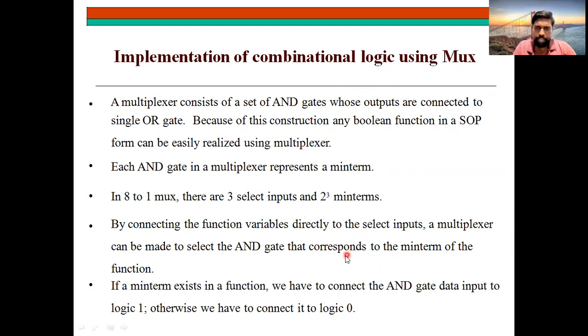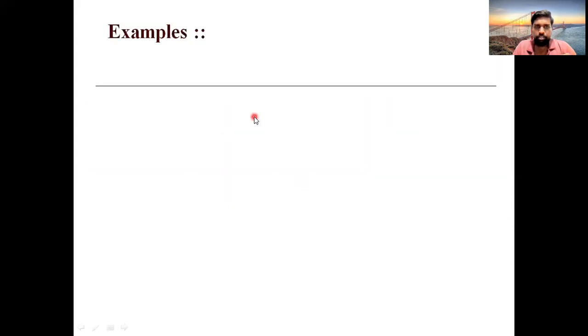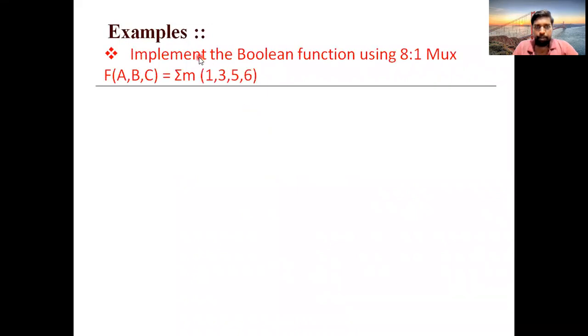So these are the steps, but it is better to see a problem so that it can be easily understood. This is the first example: implement the Boolean function using an 8:1 MUX.